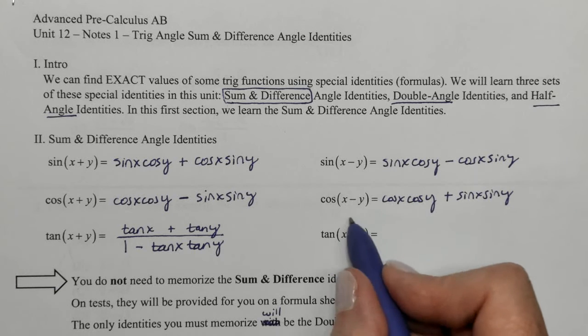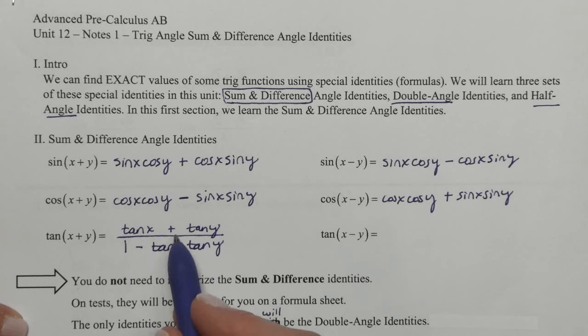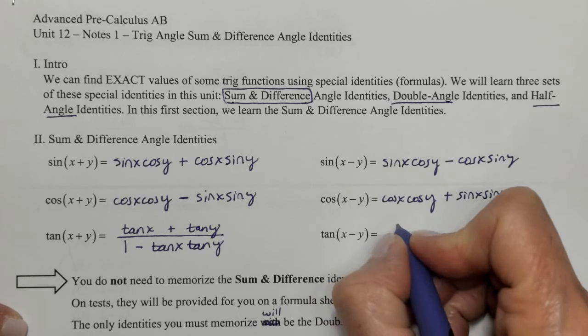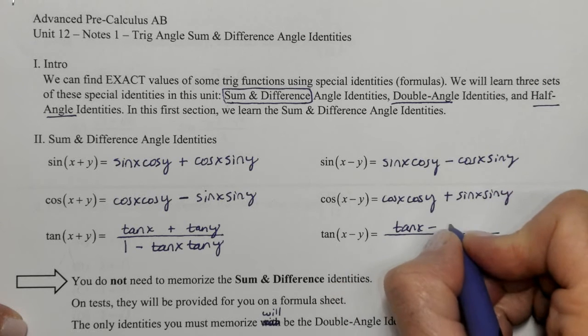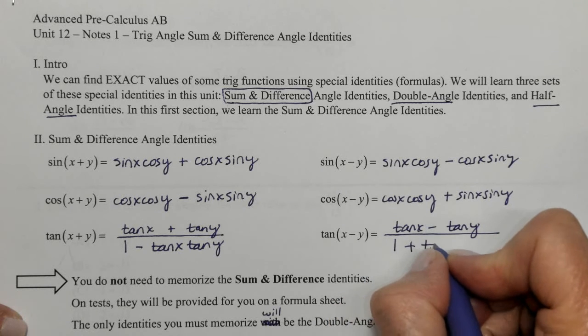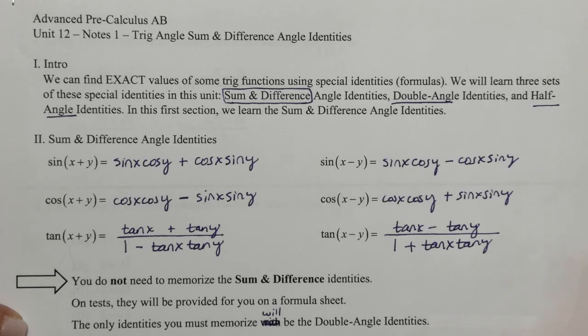The identity for a difference for tangent looks identical to this, except in place of the plus you have a minus, in place of the minus you have a plus. So it's another fraction, tangent x minus tangent y, divided by 1 plus the product tangent x times tangent y.